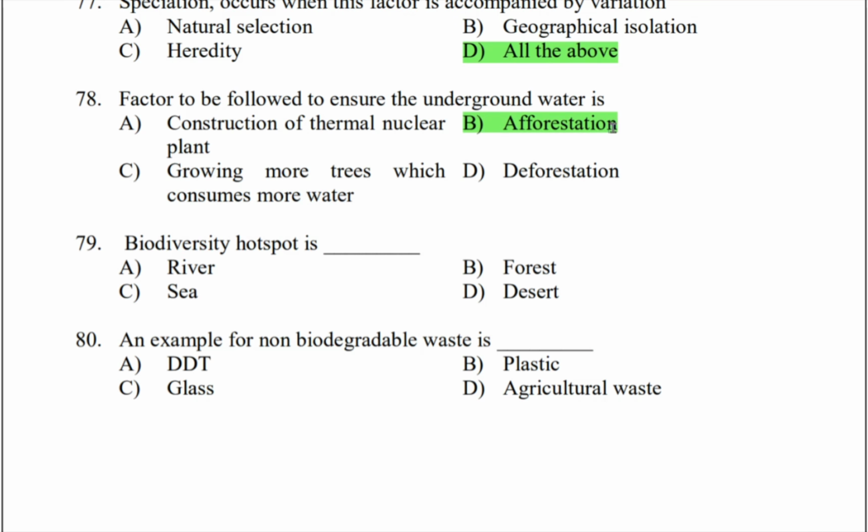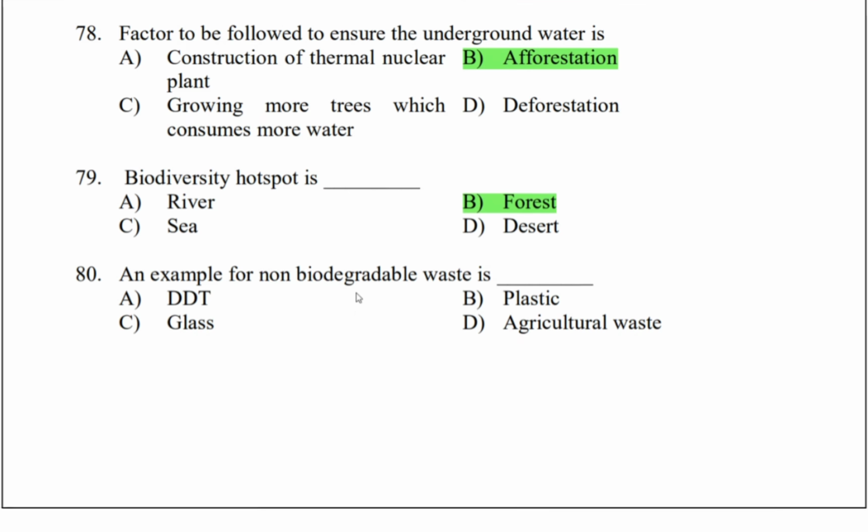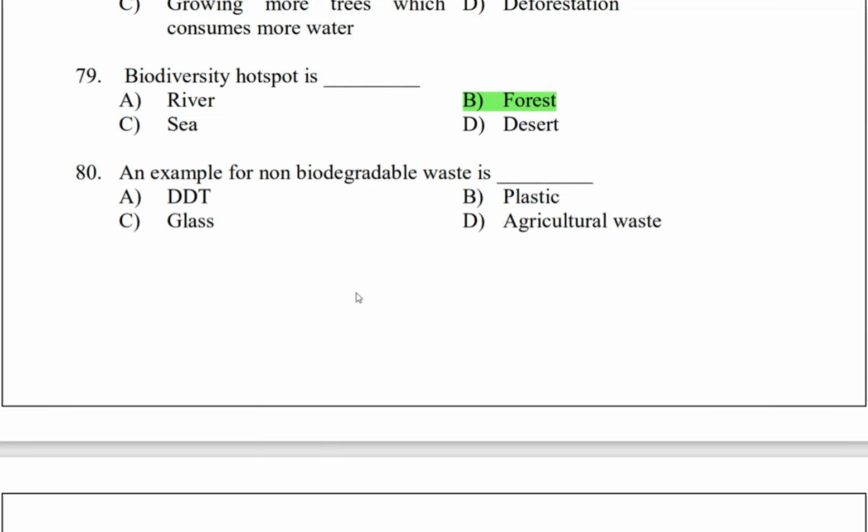Next question. The factor to be followed to ensure underground water is, the correct answer is option B, afforestation. Next question. Biodiversity hotspot is option B, forest. An example for non-biodegradable waste is, the question is a little bit wrong.